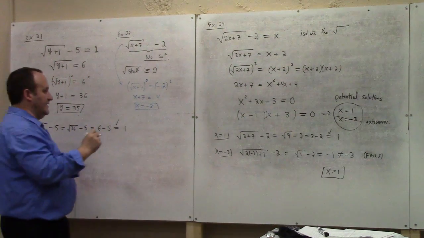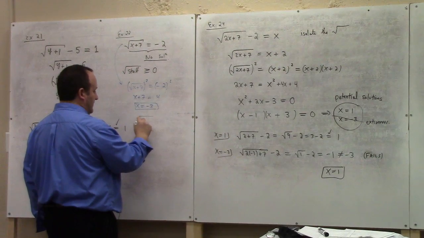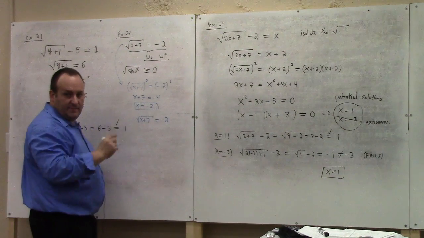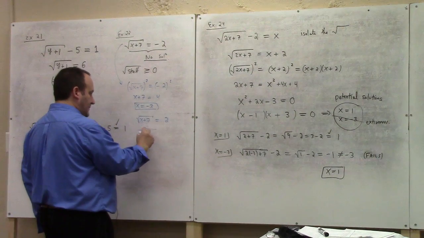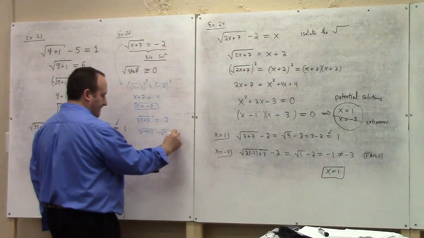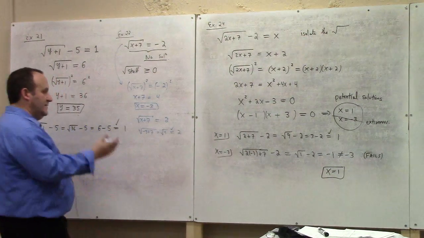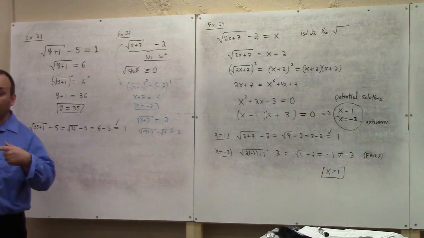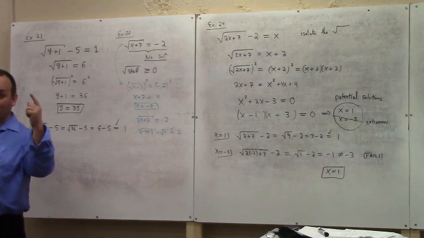Now, here's the thing. If you tried square root of x plus 7 equals 2, this equation does take that minus 3 as the solution. So what I'm trying to tell you is, when we square the equation, if you think about the starting point, there are other equations that would square to the same squared equation.